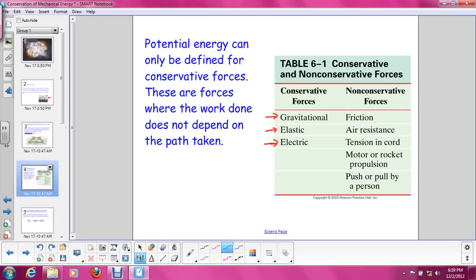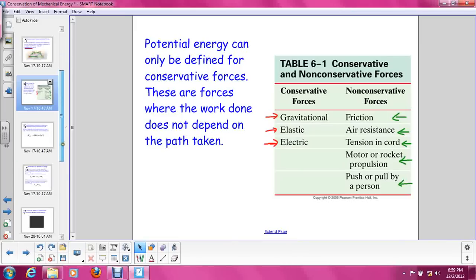However, for non-conservative forces like friction, air resistance, tension, propulsion, or push or pull, the path does matter. The more work you do will happen because of a longer path.